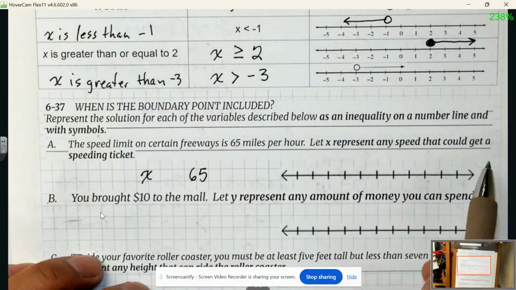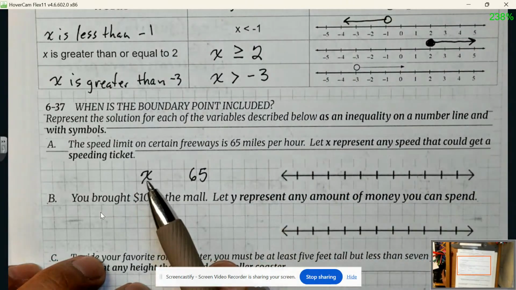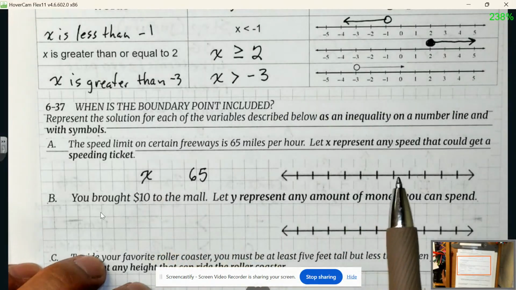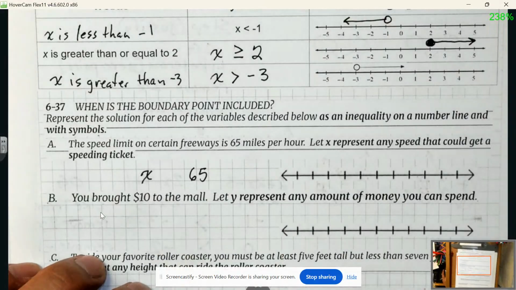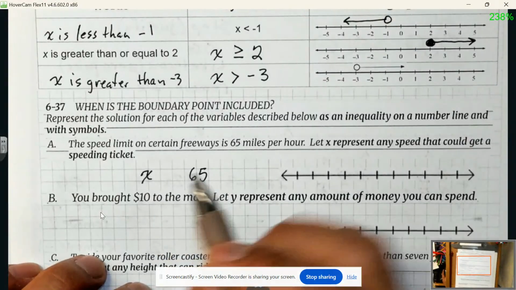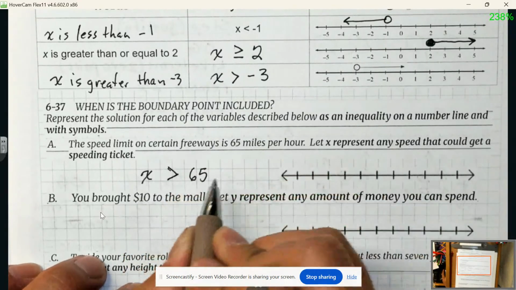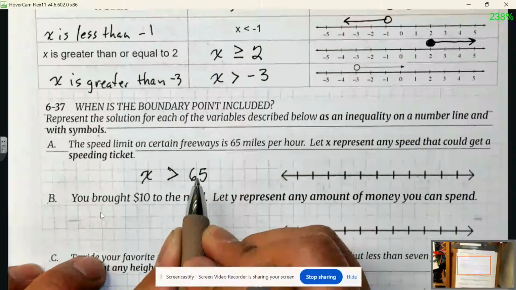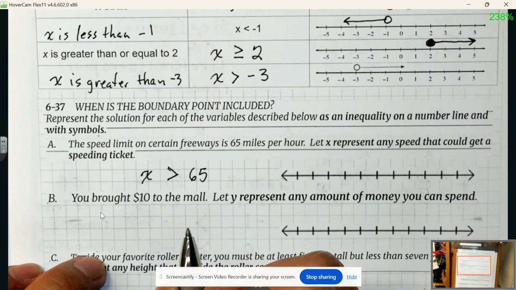Now, any speed that can get a speeding ticket, would it be below 65, above 65, or equal to 65 as part of it? Okay, so you can get a speeding ticket by going above 65. Will 65 get you a ticket? That would be no, so we would not put or equal to.